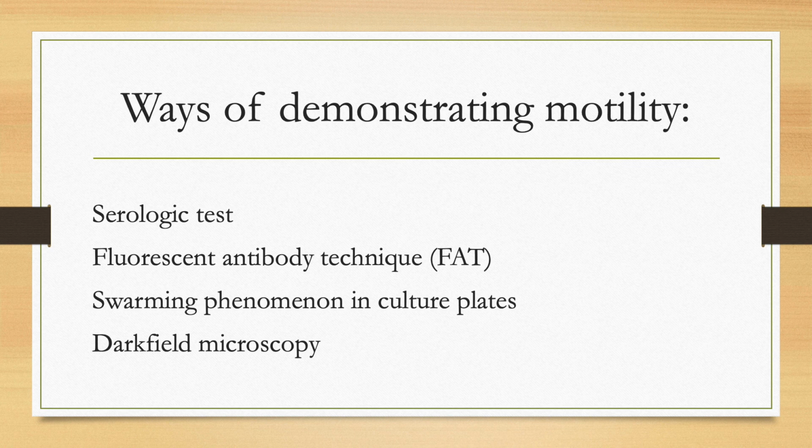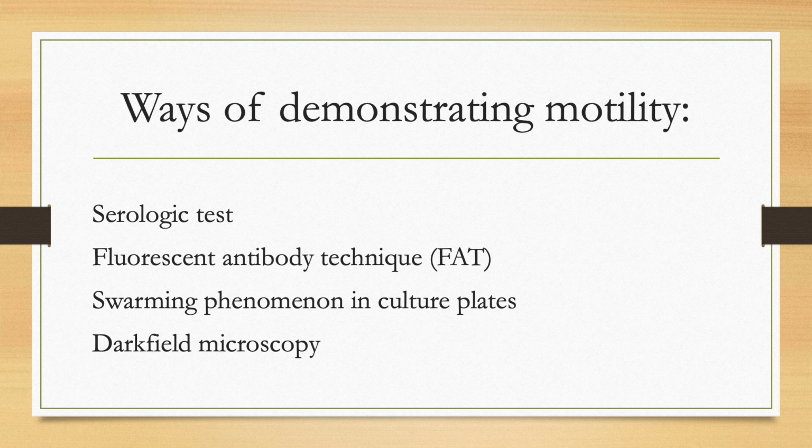Okay, then we also have other ways to demonstrate motility. You can do serologic tests. These are tests that use antibodies to detect the presence of the flagella. Then you can use the fluorescent antibody technique, or FAT, and this uses antibodies for the flagella with fluorescent dyes attached.